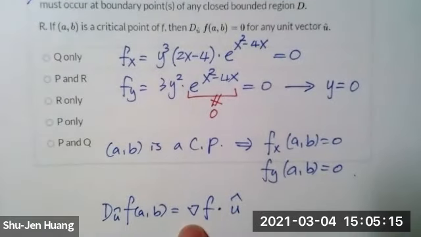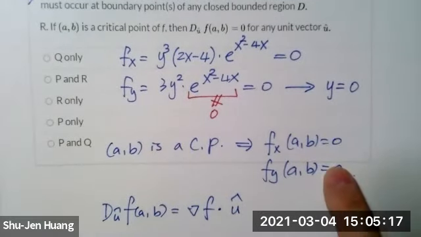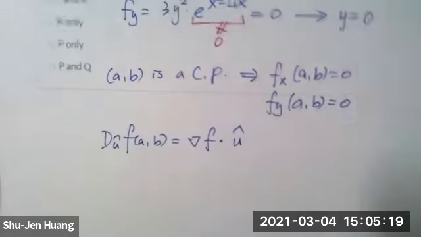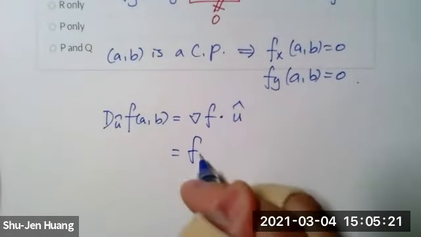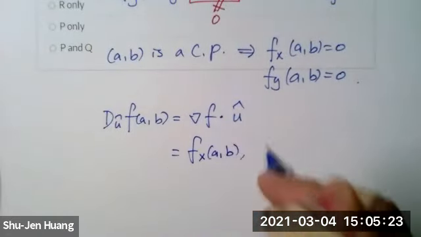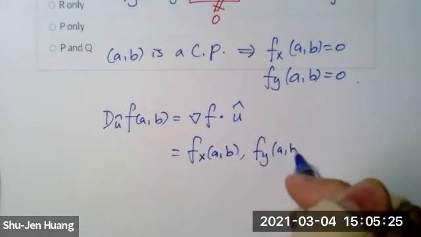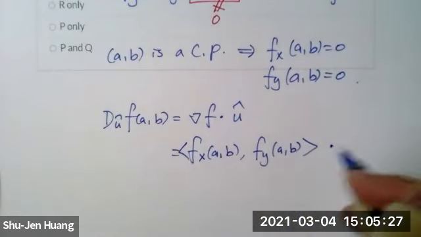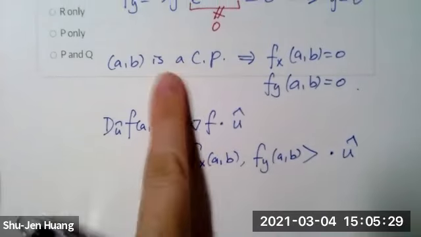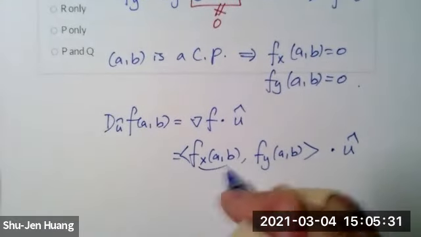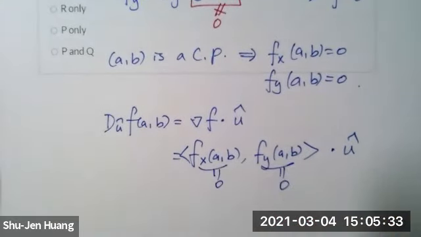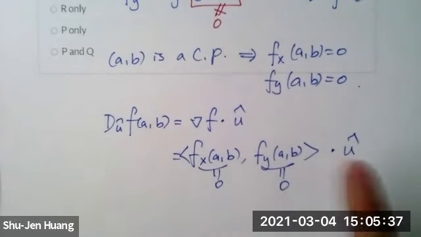And the gradient, what's the gradient? The gradient is just the partial derivative with respect to x and the partial derivative with respect to y as the two components. And because it's a critical point, both components equal 0 here. So in fact, the gradient vector is the 0 vector. The 0 vector dotted with any unit vector must be 0.